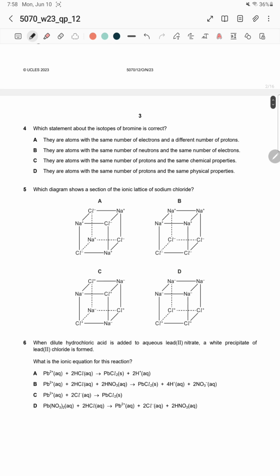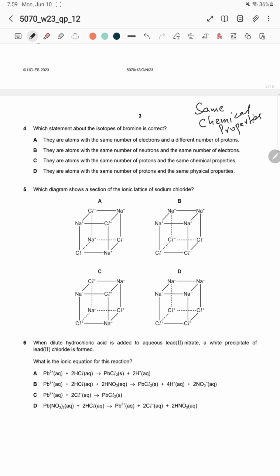Question number 4. Which statement about the isotopes of bromine is correct? So what is the definition of isotopes? Atoms of the same element with same proton number but different number of nucleons. So isotopes have the same chemical properties but different physical properties.